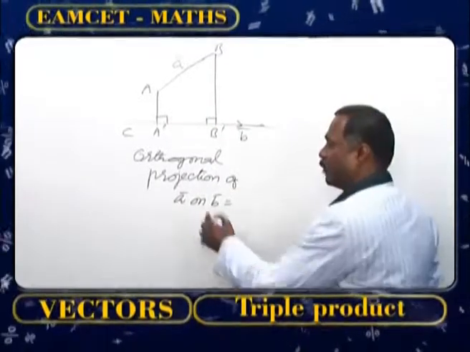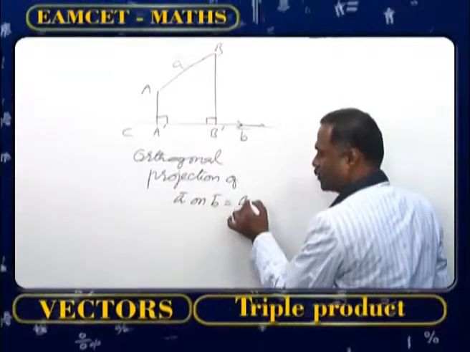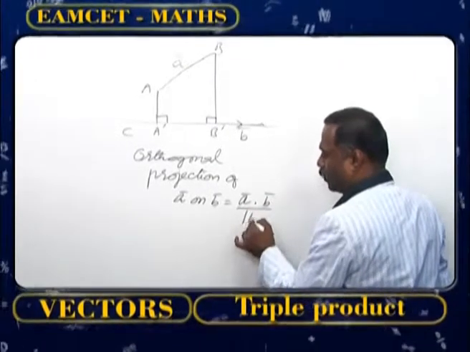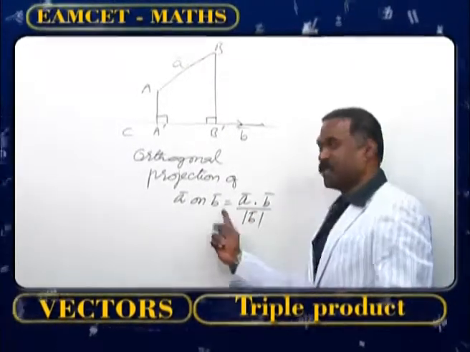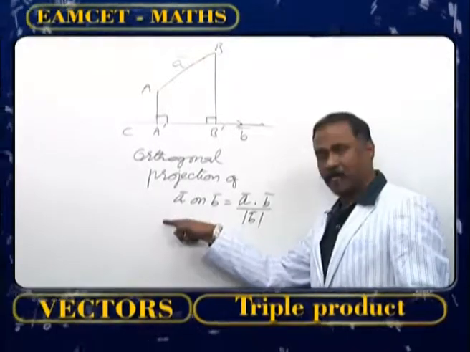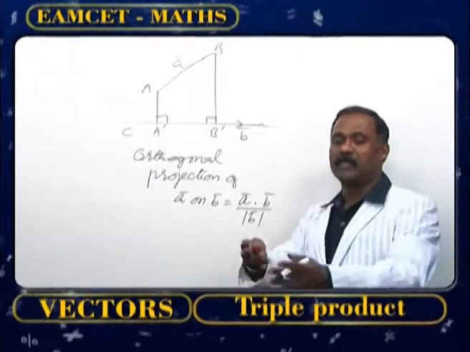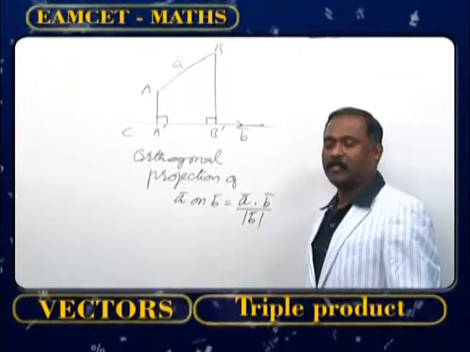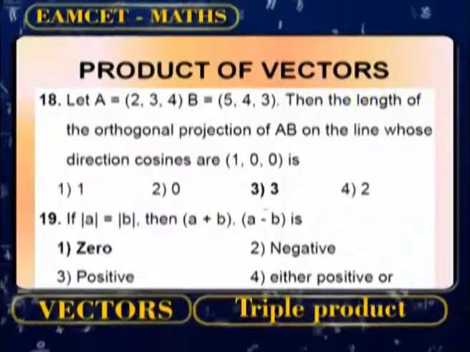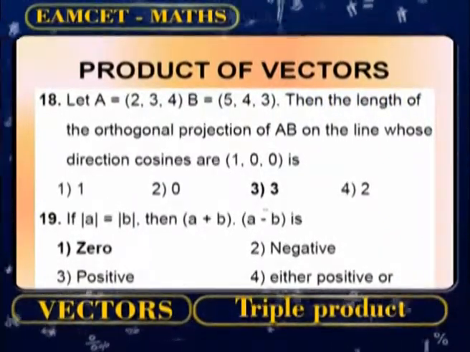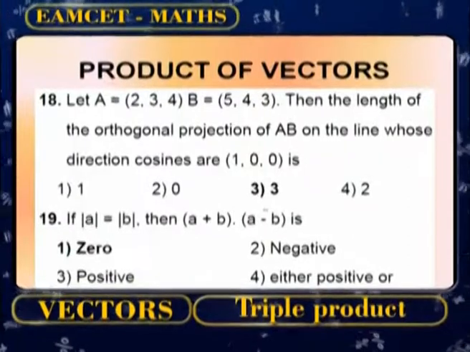Always remember, when you take A bar on B bar, it starts with A bar and the remaining will be B bar only. If it is the reverse, that is B bar on A bar, it starts with B bar and the remaining will be A bar only. The same is to be applied here. A is (2, 3, 4), B is (5, 4, 3). Then the length of the orthogonal projection of AB on the line. What is A here? A is (2, 3, 4).